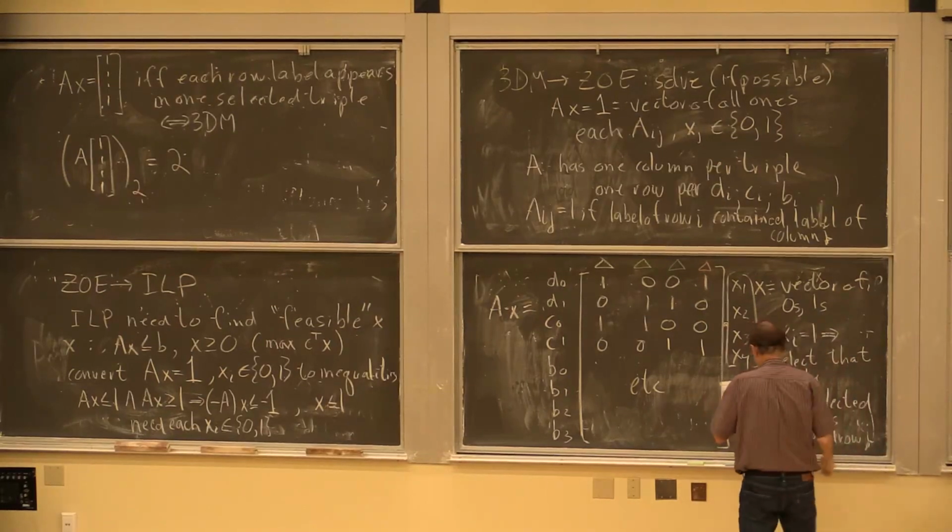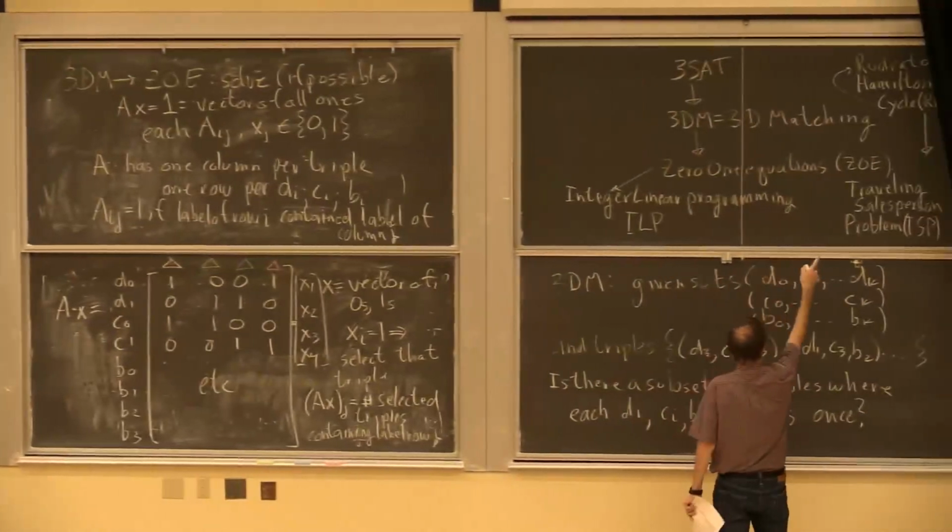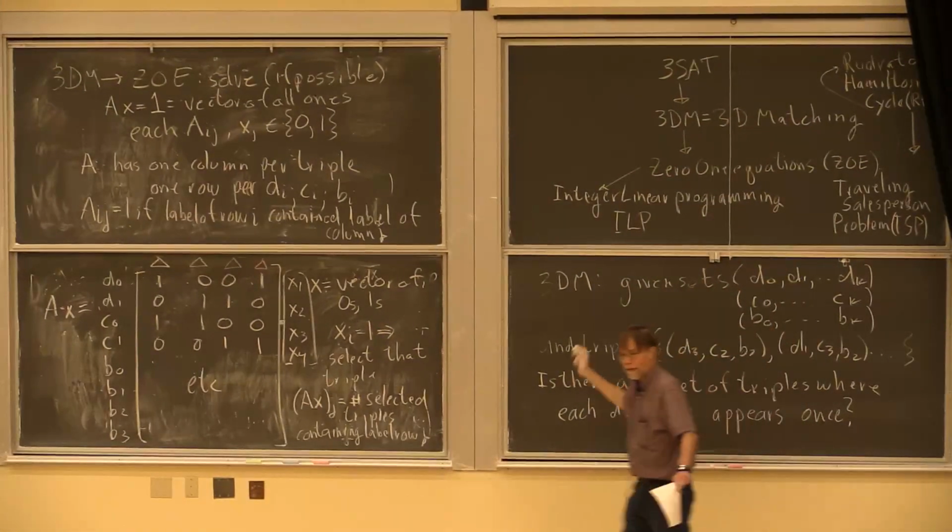All right. So we did 0-1 equations. We did integer linear programming. It's finally time to do graph theory again.